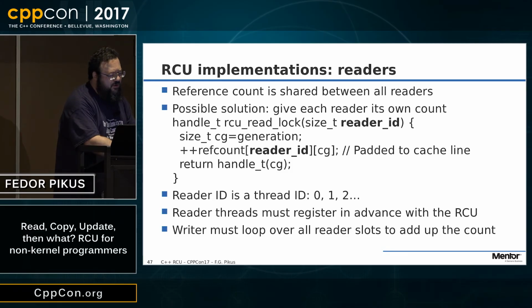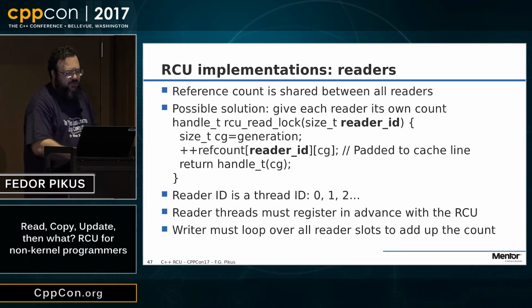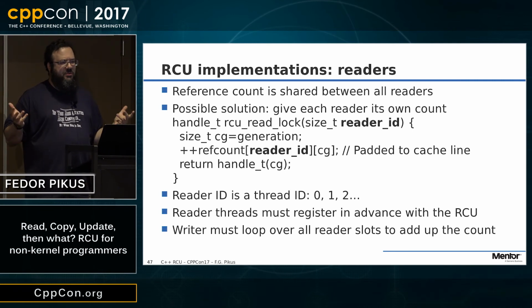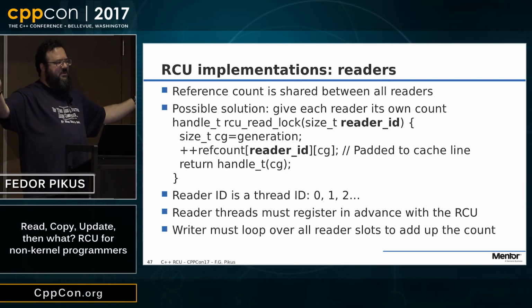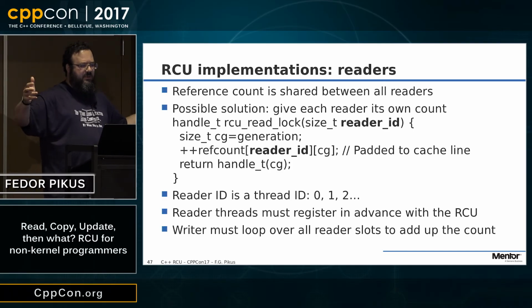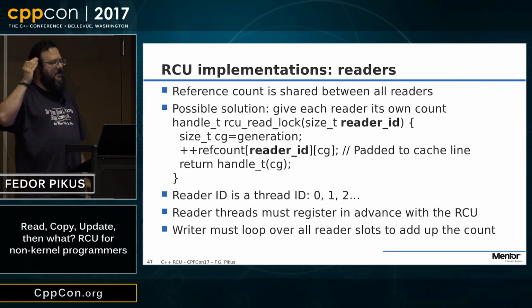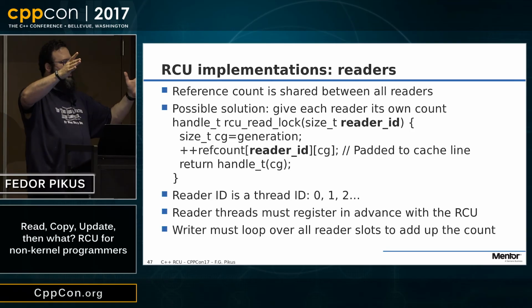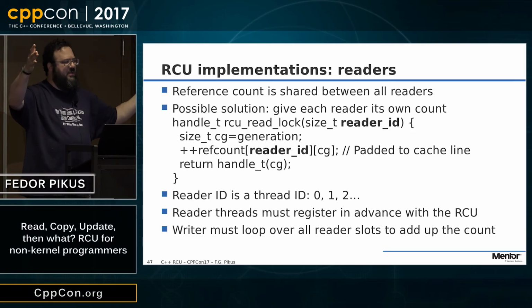Well, you need consecutive reader thread IDs 0, 1, 2 for this to work, which means you actually have to somehow register the threads with the RCU system. The RCU system has to know how many threads you have so it can allocate this array of reference counts. If you don't have that, it's not quite as good, but you don't despair completely. You can, for example, take your random large thread ID, hash it into an interval of, I don't know, 128 or whatever, and use that hash to index the reference count.